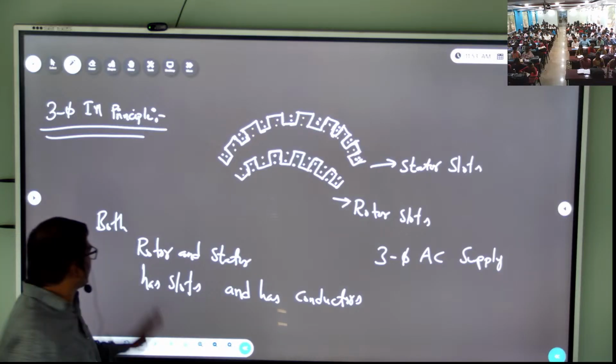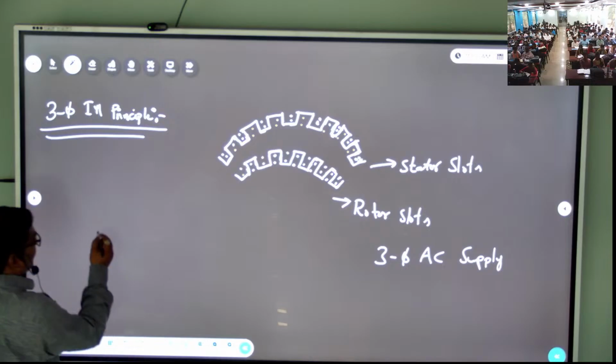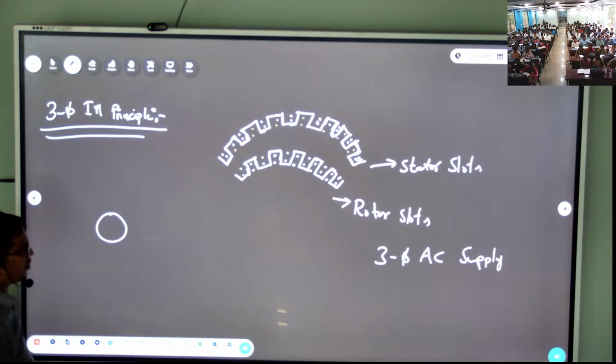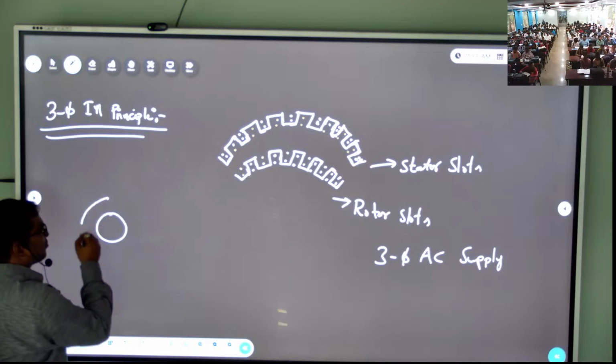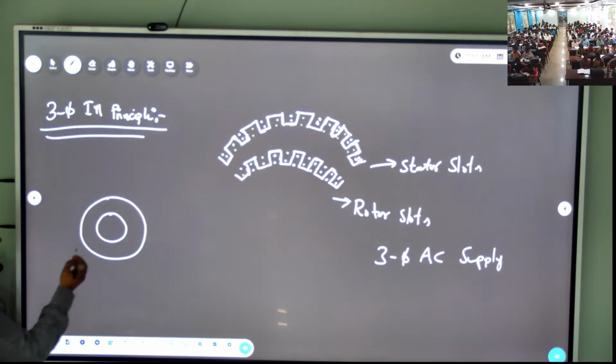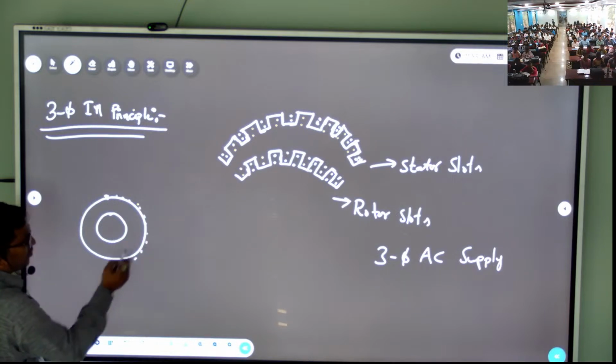Here we have the rotor and stator of the induction motor, with slots and conductors like this.